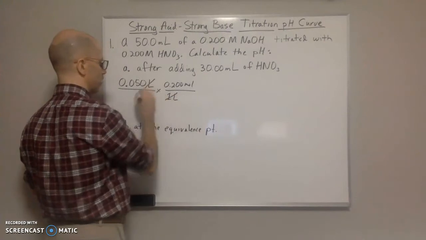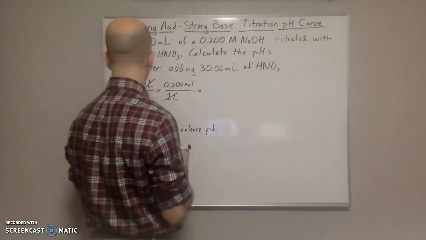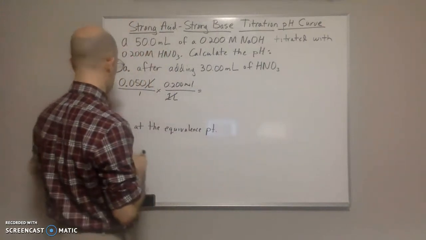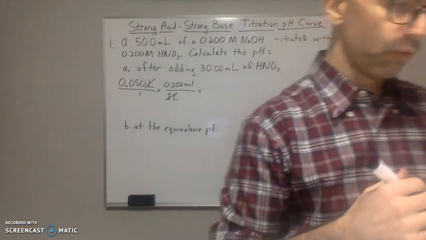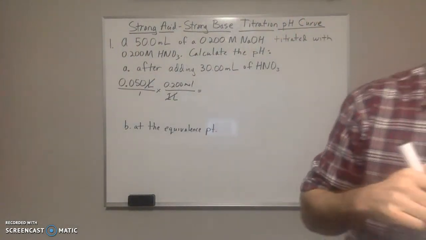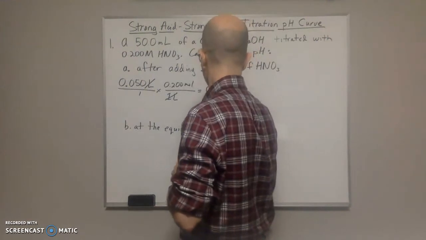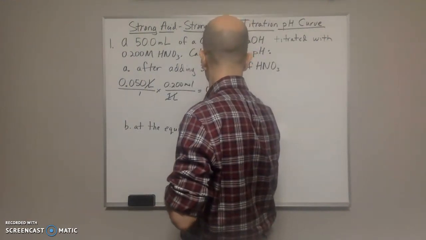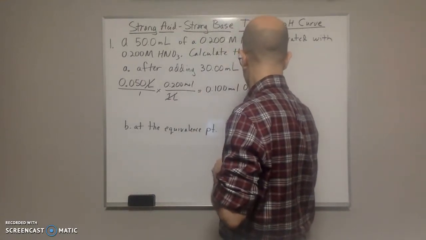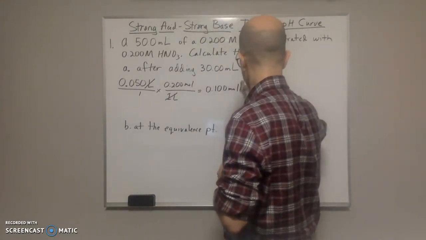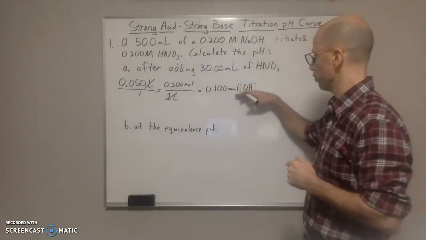And so that's going to cancel out, and that's going to give you 0.1 moles. So you've got 0.100 moles of OH minus in solution. So that's the moles of OH.